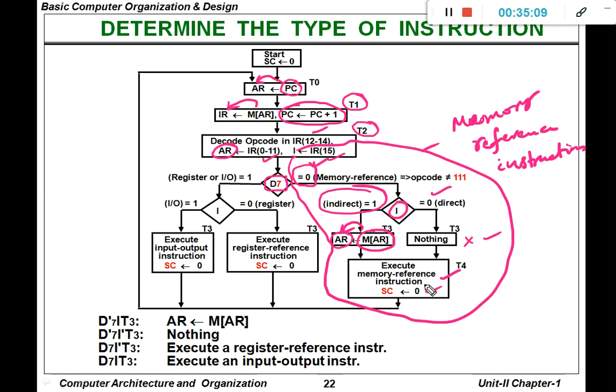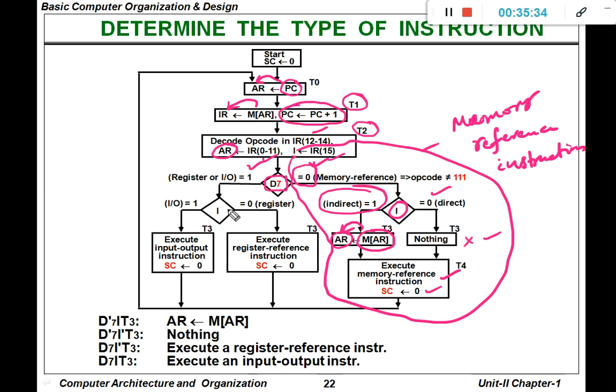If you have not listened to those lessons, go to the previous lesson and listen to them. Next, coming to this part, if D7 is equal to 1, then the instruction may be either a register reference instruction or an input output instruction.